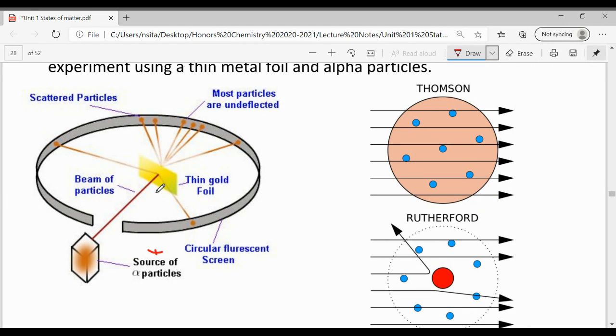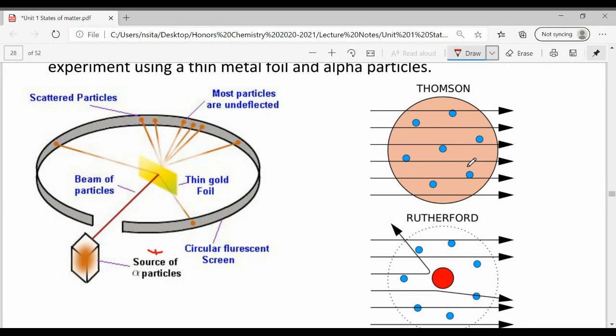Every now and then he would see some that scattered, slightly deflected. And once in a great while, he would observe that an alpha particle deflected almost right back at him. So he was like, "What is going on?" Because if this model is correct, you should not be seeing something like this.